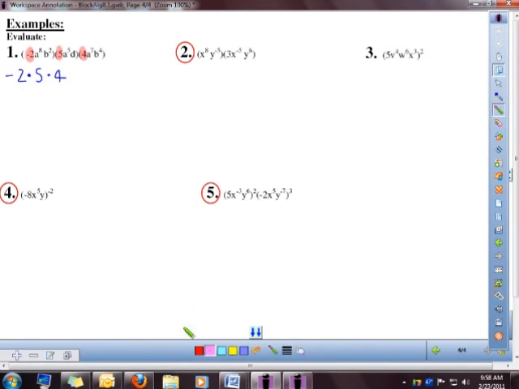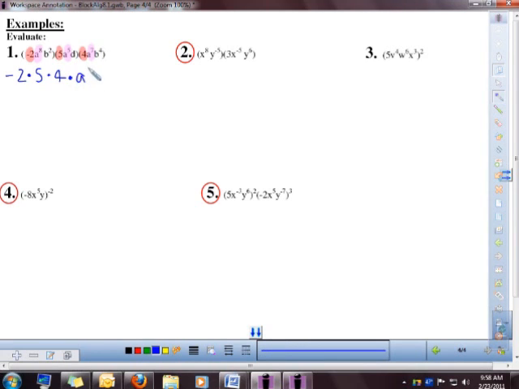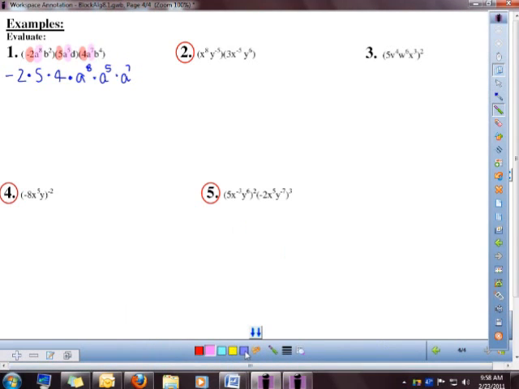Now I'm going to start grouping the letters together. So I'm going to put all the A's together. Okay, so there's my A's. So now I'm going to say times A to the 8, times A to the 5, times A to the 7. And then I'm going to put the B's together.